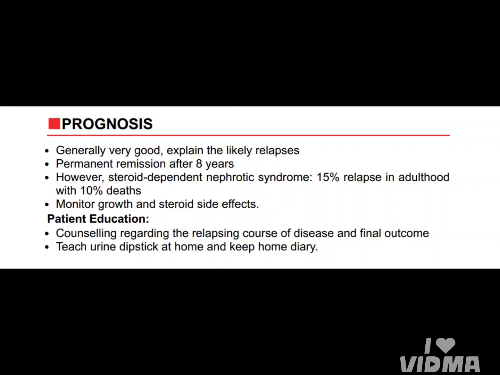However, in steroid dependent nephrotic syndrome, 15% relapse in adulthood with 10% death. Monitor growth and steroid side effects. Patient education: counseling regarding the relapsing course of the disease and the final outcome. Teach urine dipstick at home and keep a home diary for the protein in urine and other things.